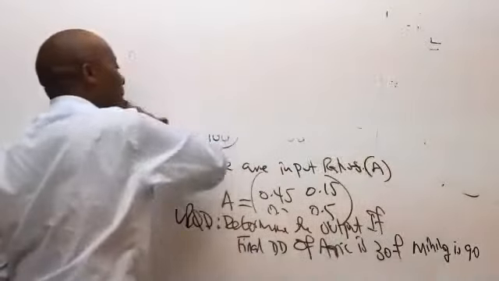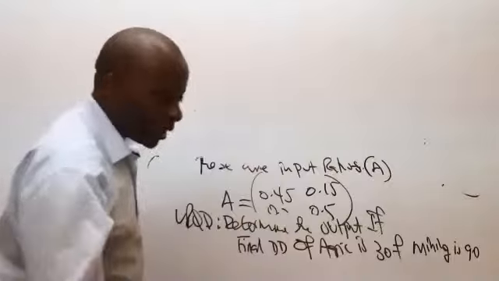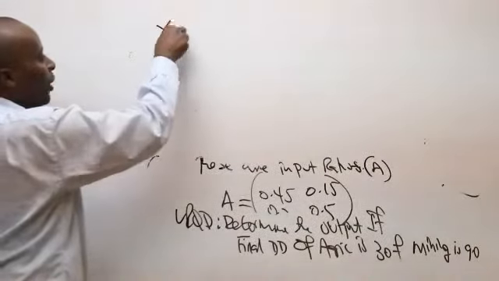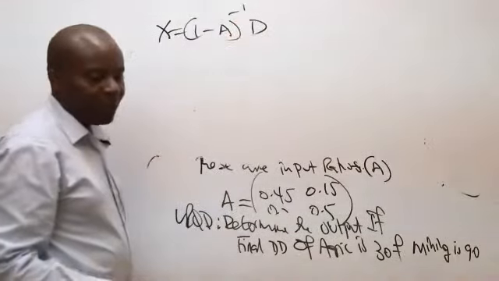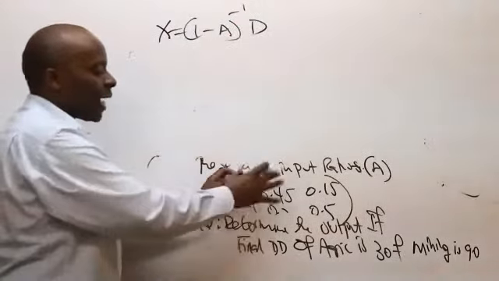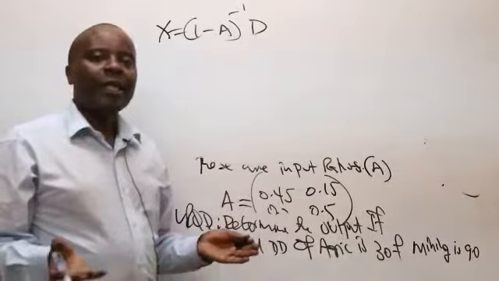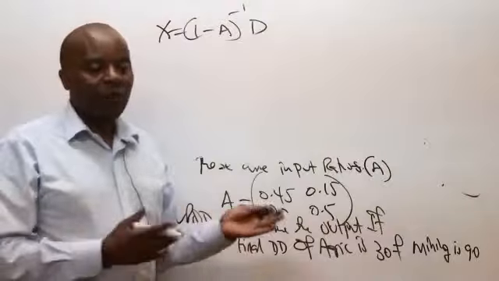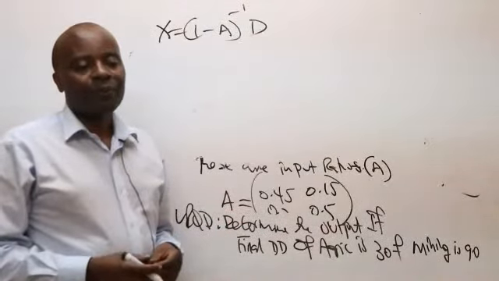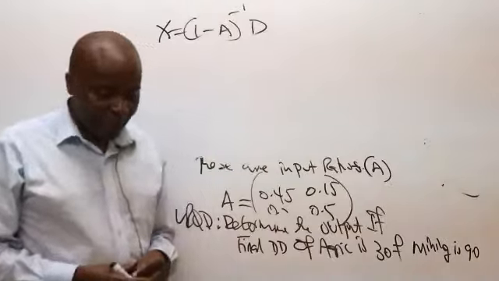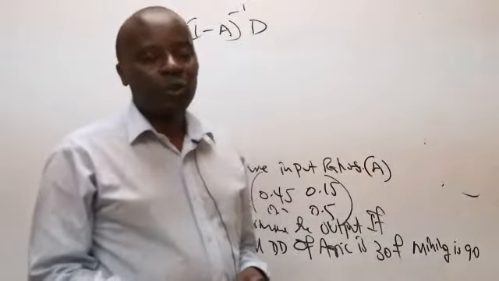I need to remember Leontief's inverse model, which tells me that x should be equal to (I minus A) inverse times D. Then you go through the entire process that I've just shown you a few minutes ago. Is there anybody who has a question before I tell you what we should do next?